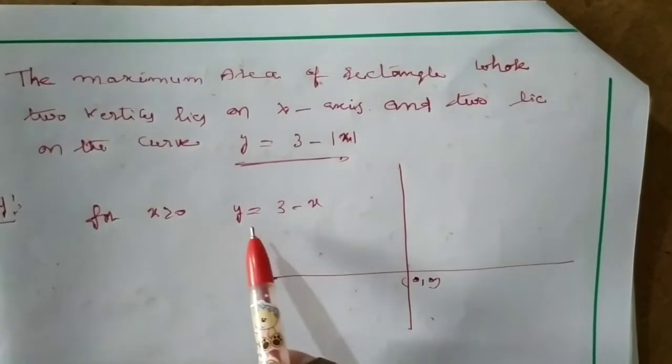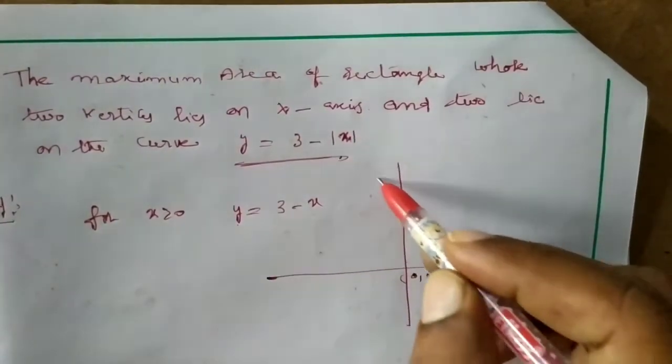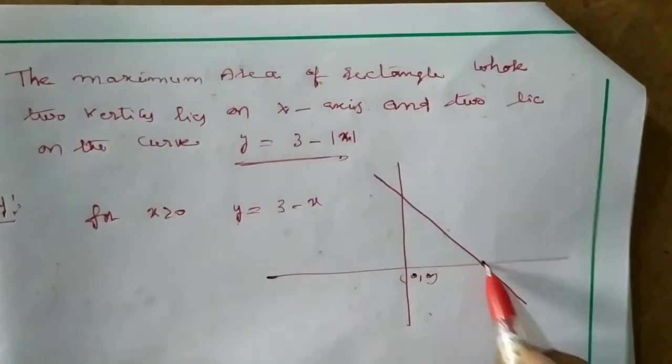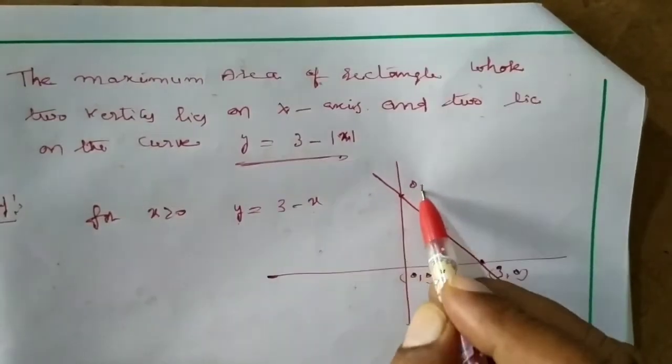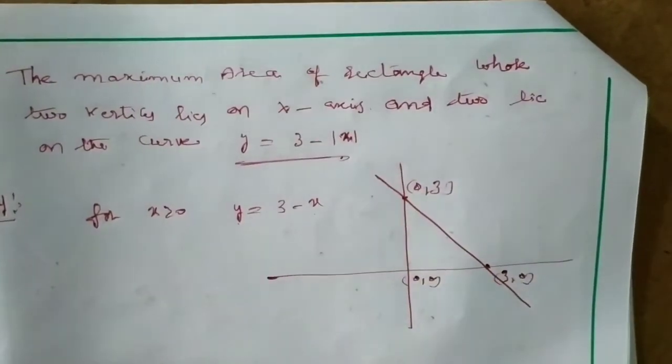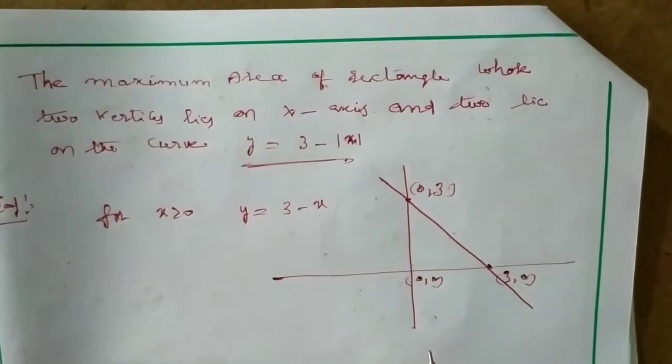That means for y is equal to 0, x is equal to 3. For x is equal to 0, y is equal to 3. That means it intersects the coordinate axes at (3, 0) and (0, 3). This is the line equation to the right side of the positive x-axis.